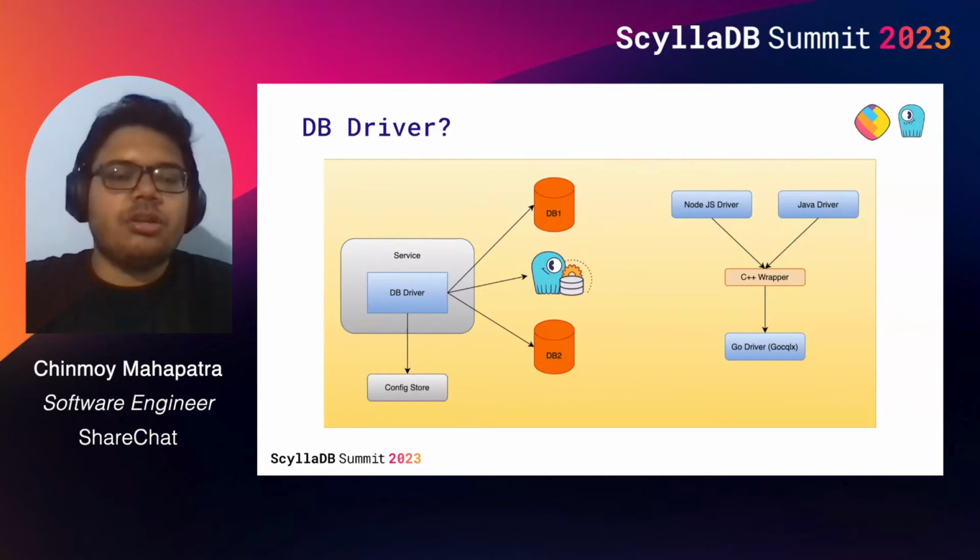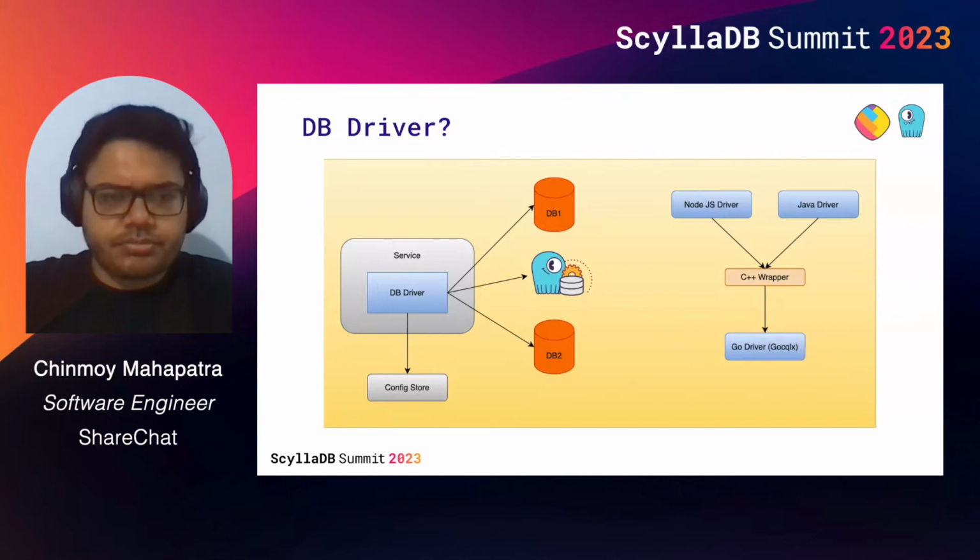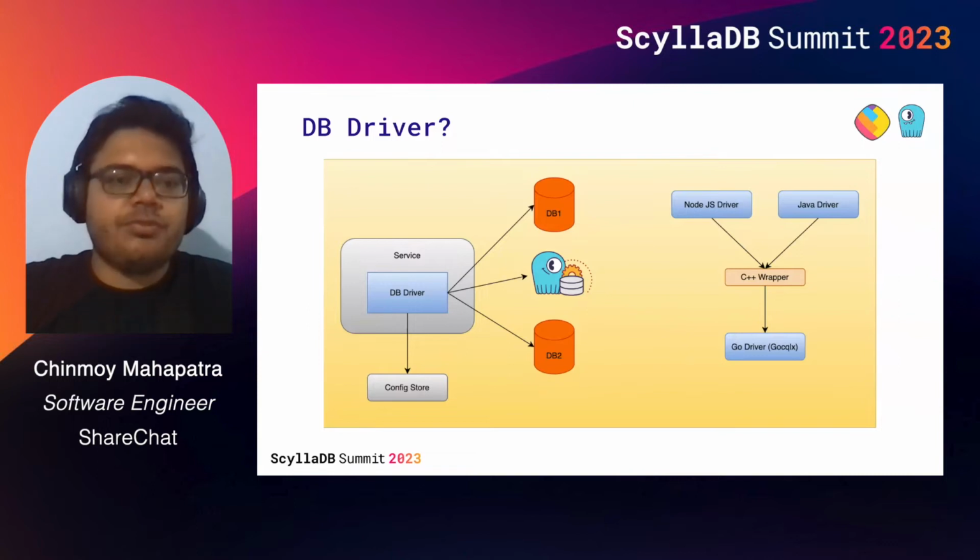Since DB driver is all about providing a uniform interface which is easy for services to access tables, we wanted to have all those configs stored in a store. And these configs actually contain information like the cluster information of the table that the table resides in, and so on. So config store becomes an important part of this.